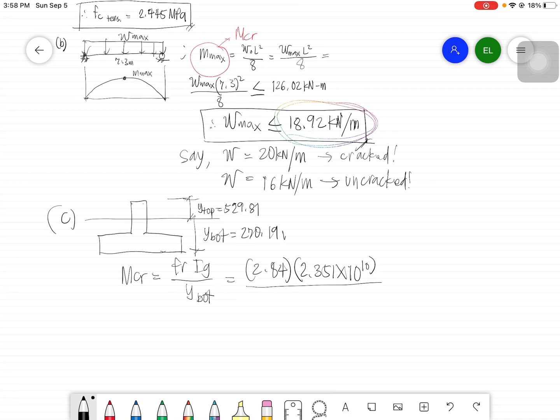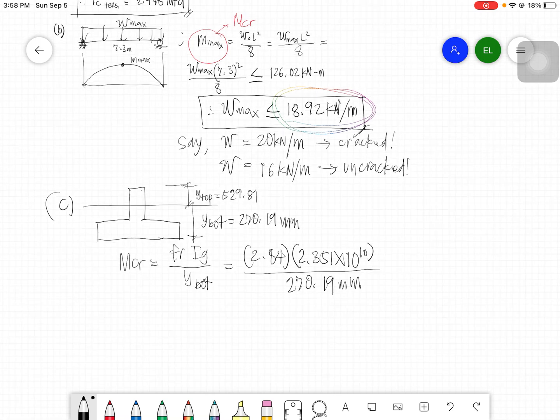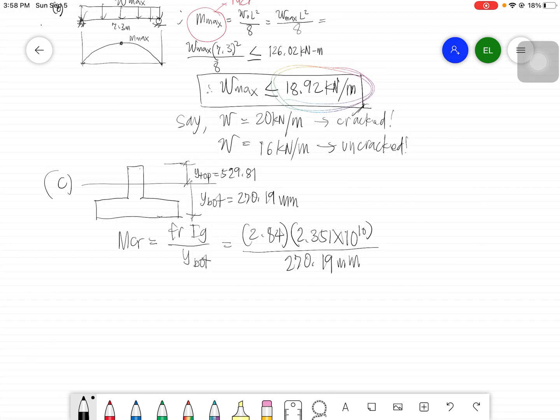Then over Y bottom, which now would be 270.19 mm. Okay, so again, divide this by 1000 squared in order for you to get an MCR that is in kilonewton meter. So the result is 247.116.